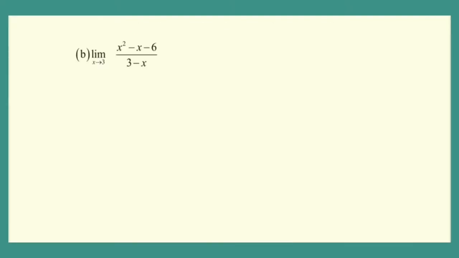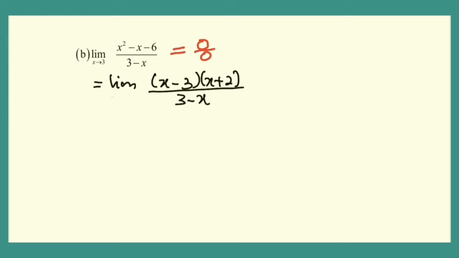Example B, find limit x squared minus x minus 6 over 3 minus x as x approaches 3. When we substitute x equal to 3 into this function, we get 0 over 0. Now we factorize the numerator as limit (x minus 3)(x plus 2) over 3 minus x as x approaches 3. We have x minus 3 for the numerator and 3 minus x for the denominator.